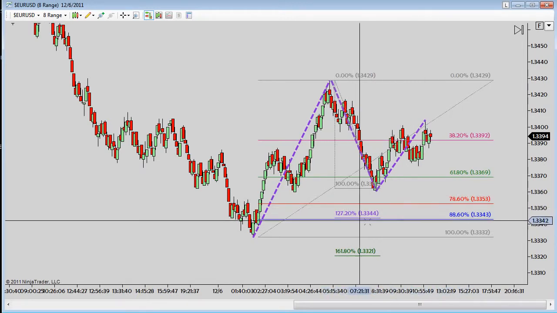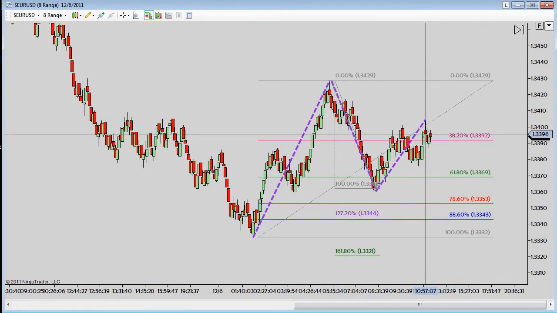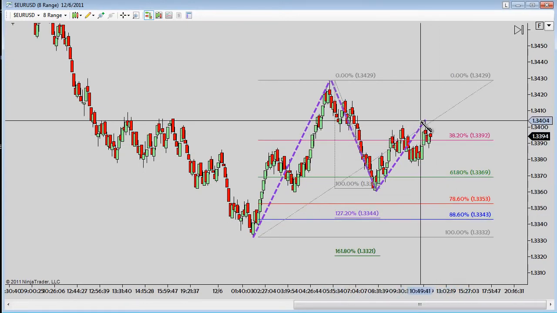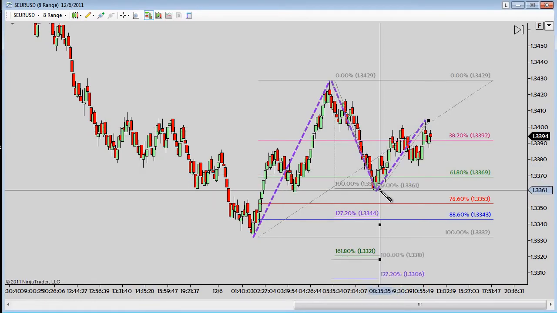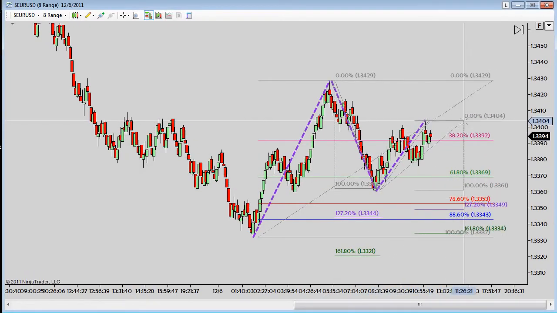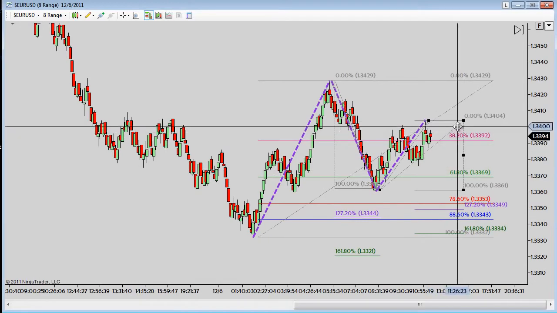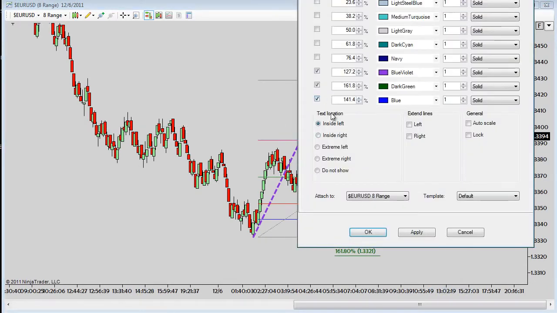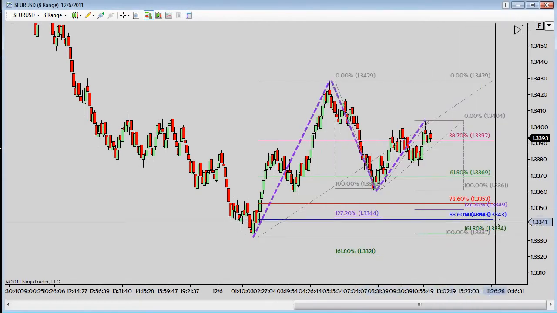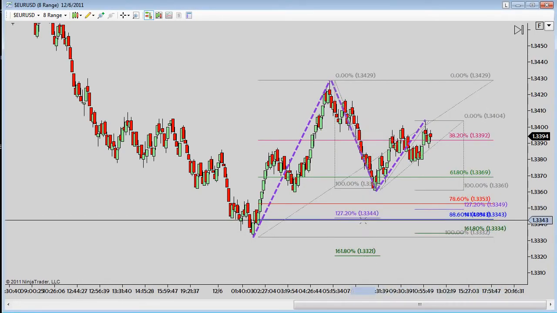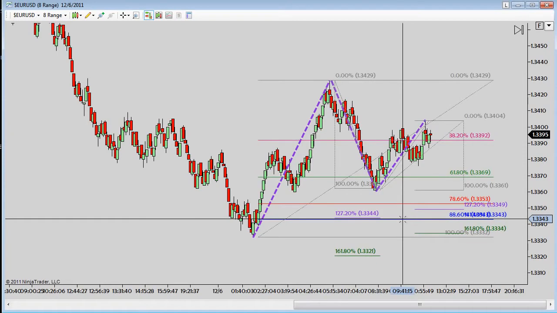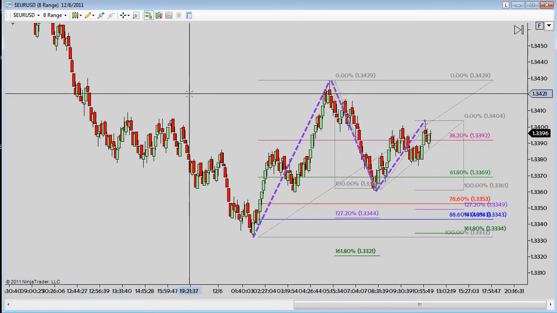So I have 127, 886 ratio confluence, and now if I go ahead and bring in an inverted Fibonacci extension from the B to C leg, what you're also going to notice here is that I also have 1414 ratio confluence with that as well. So it may be hard to see, but I have a 1414, a 127, and an 886 ratio confluence here for a completion.